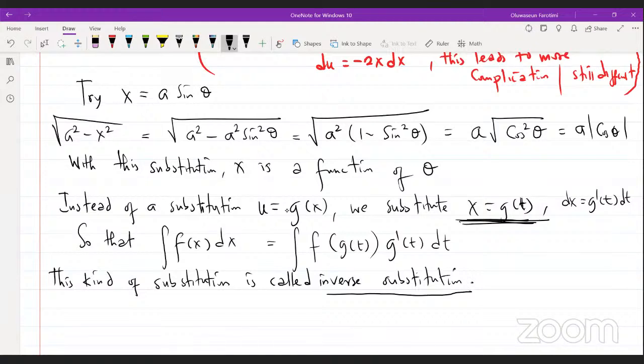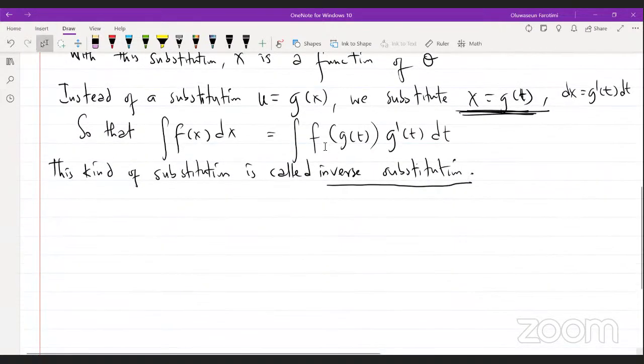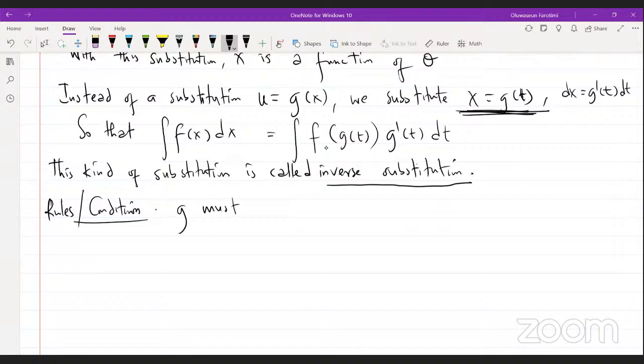There are certain conditions that you should place on g. One of the conditions, or perhaps you can say rules, is that g must have an inverse function. That means the inverse of g must exist.